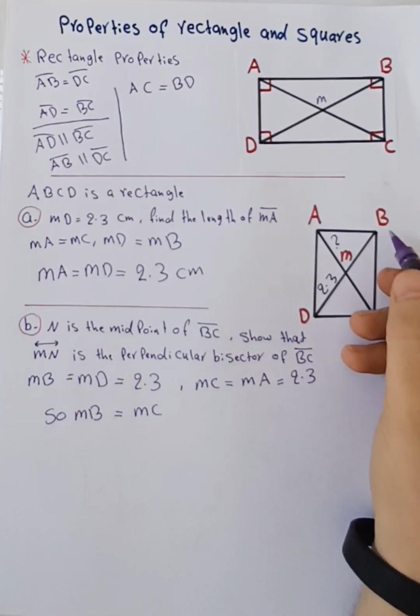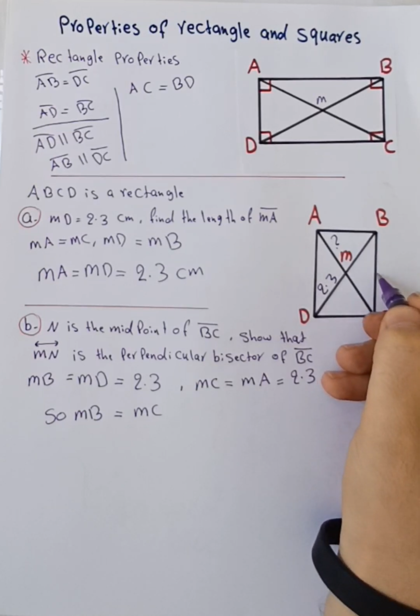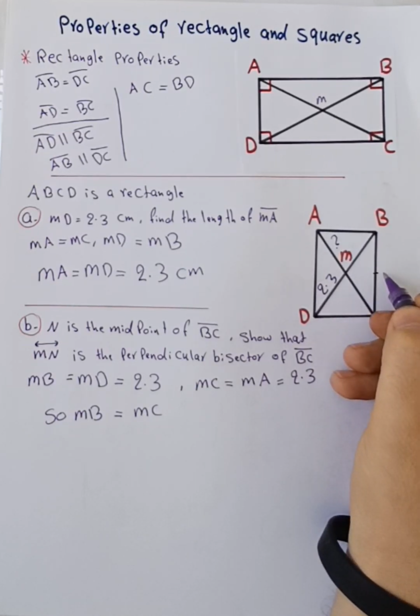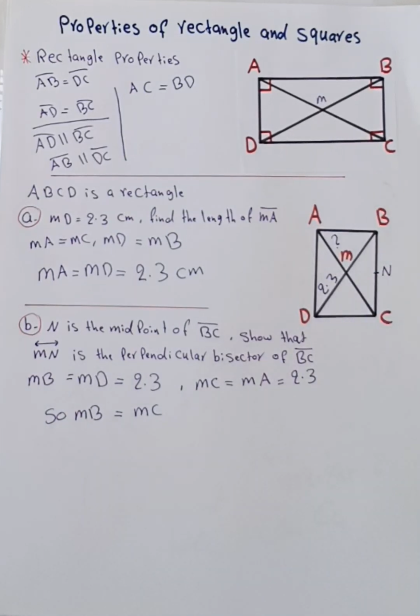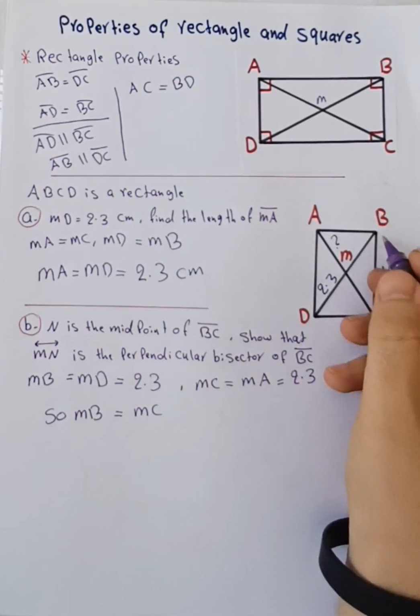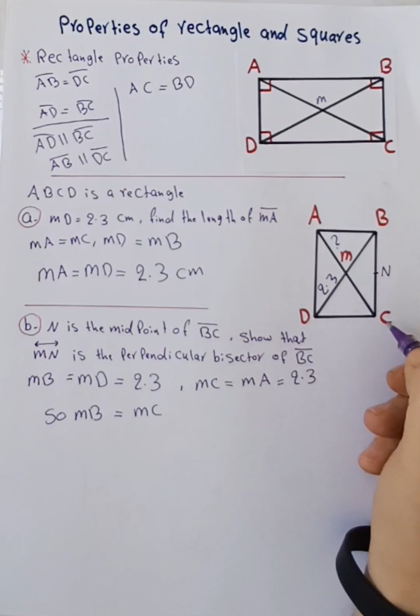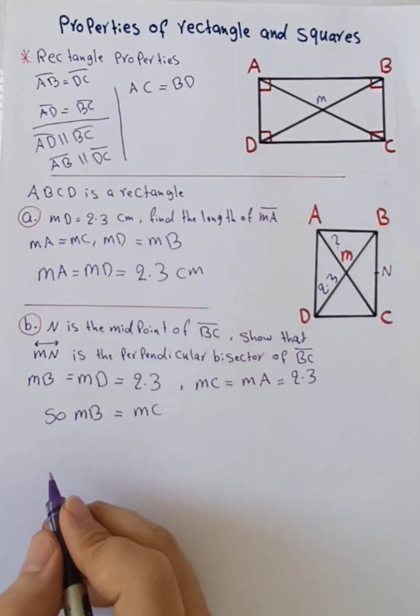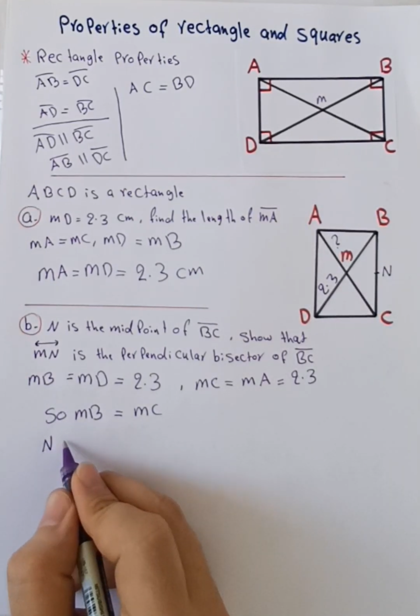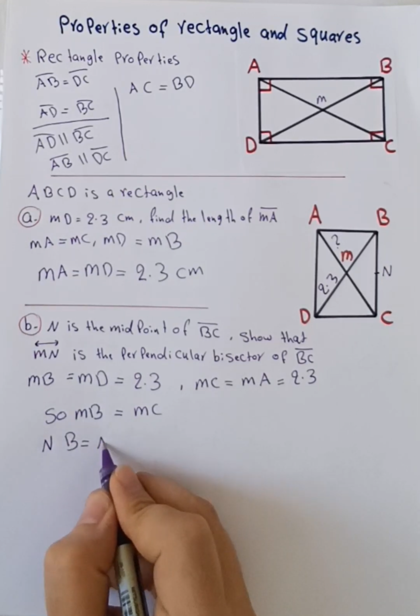This is BC, and we have a point here. This point is N. So NB equal to NC because N is the midpoint.